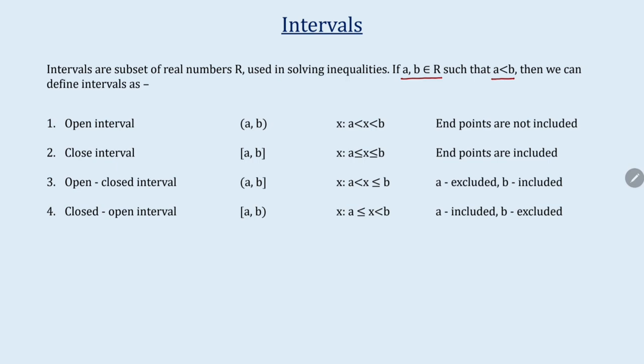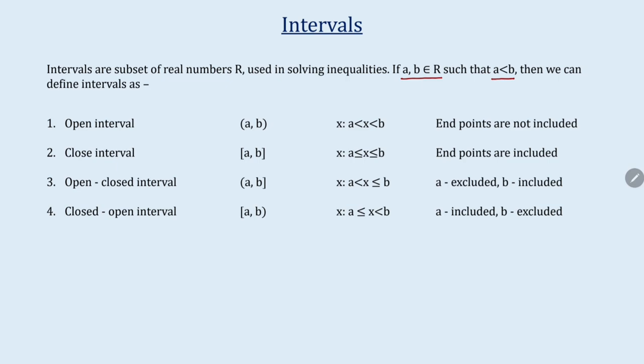Then we can define intervals as follows. The first one is the open interval. Any number x which belongs to the open interval ab can be anywhere between a and b except at a and b. So the endpoints in the open interval are not included.